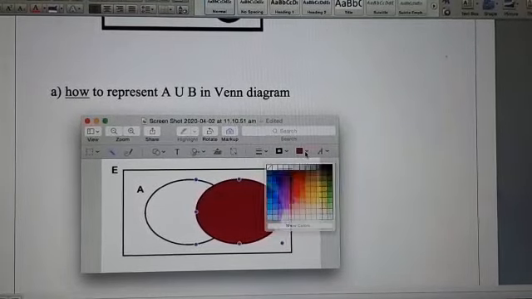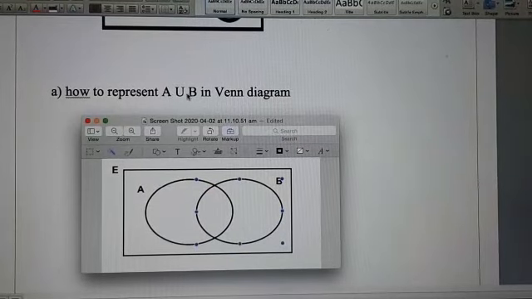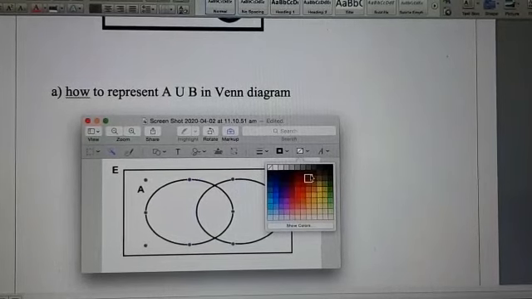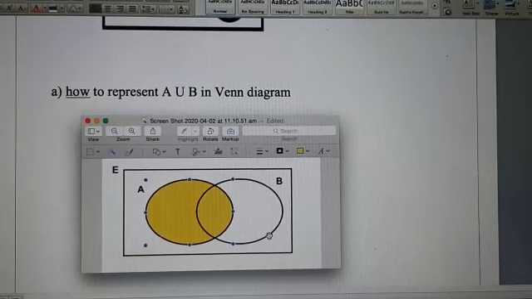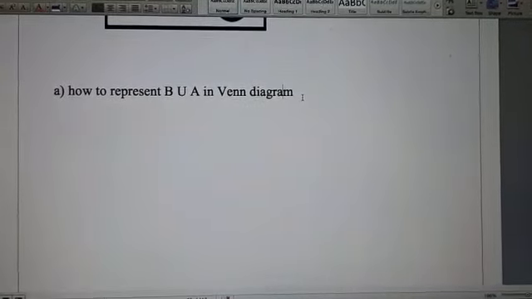Now if I ask you to shade A union B, you will shade the circle A as well as the circle B, both of them. This is the answer for A union B. You will completely shade both A and B.